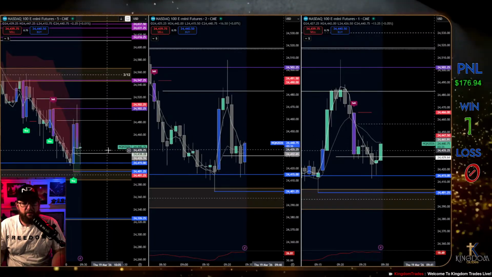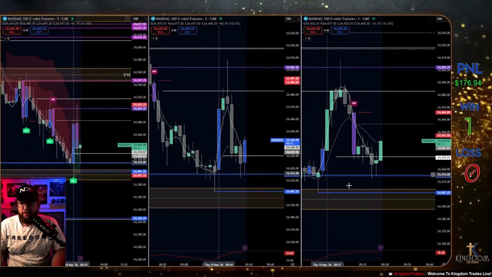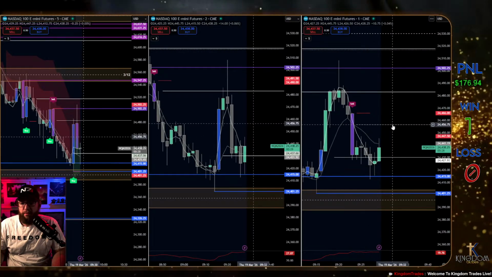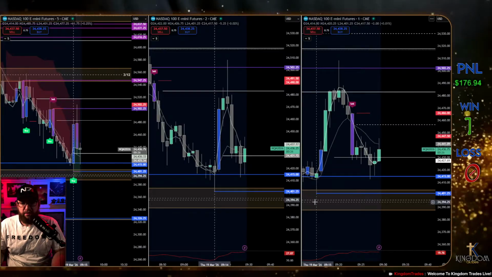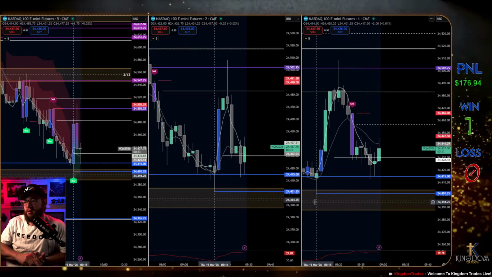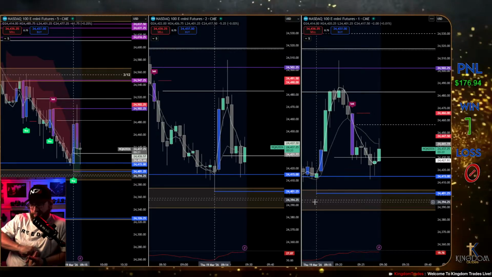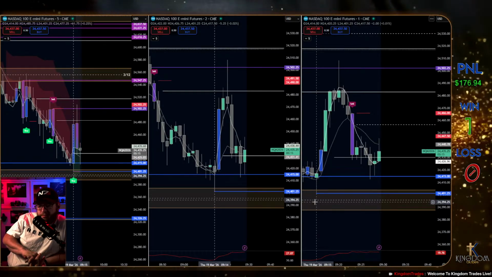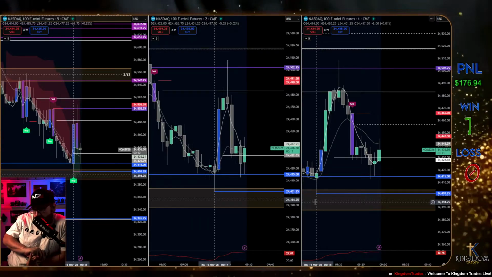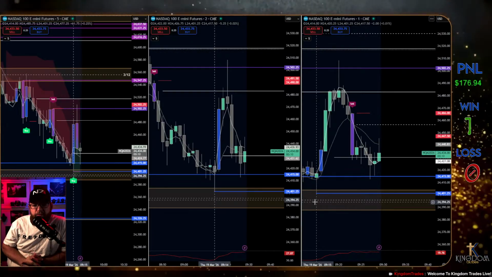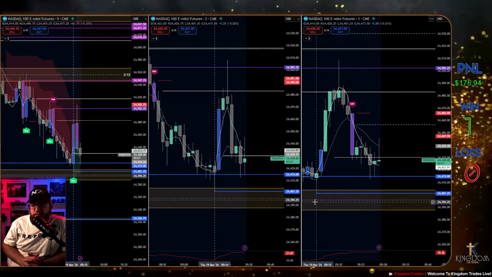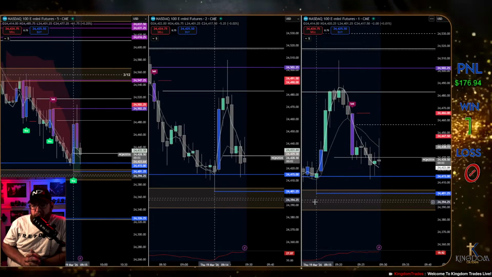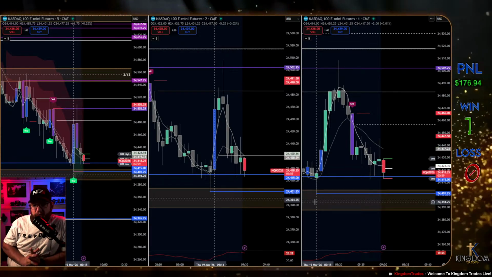The 5-minute was not broken. Now it's pushing back up. I could enter short at 56. All right, pushing back down. We're going to wait for a real entry here.